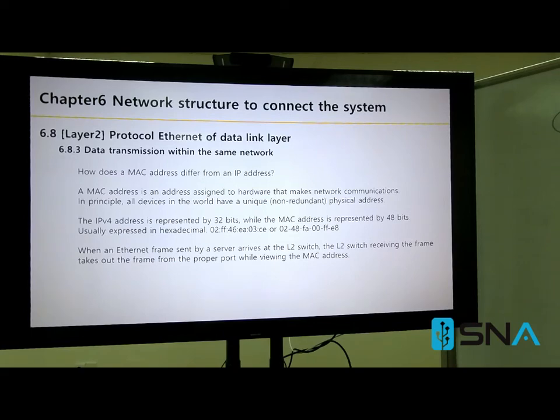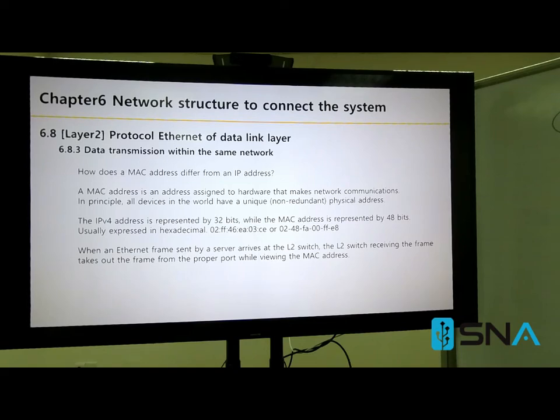How does a MAC address differ from an IP address? A MAC address is an address assigned to hardware that makes network communications. In principle, all devices in the world have a unique physical address.